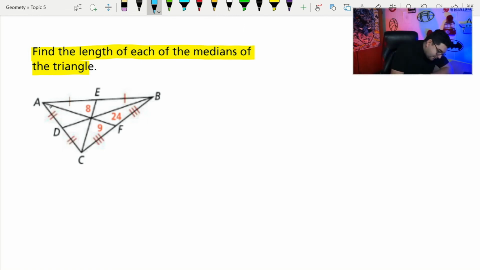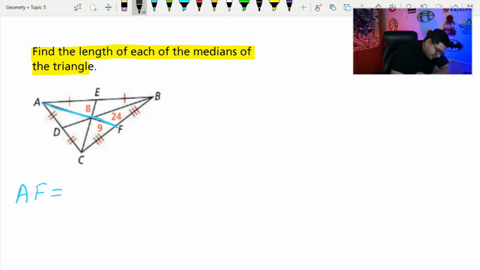Okay, so let's start off by looking at one of them first. Let's look here at AF. That's a median. How do I know? Because it went from one of the corners to the midpoint of this side, because I can see that this is equal to this. So, I want to know what is the distance of AF. Well, they told me that this smaller piece of AF is 9.